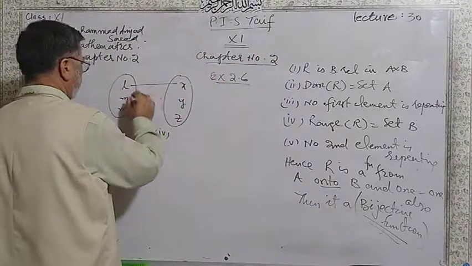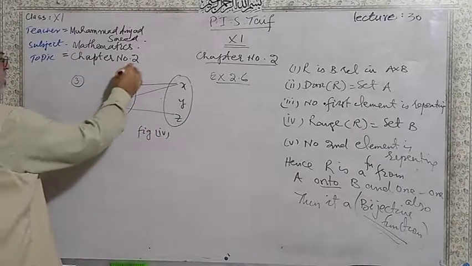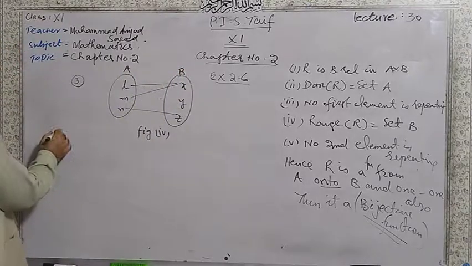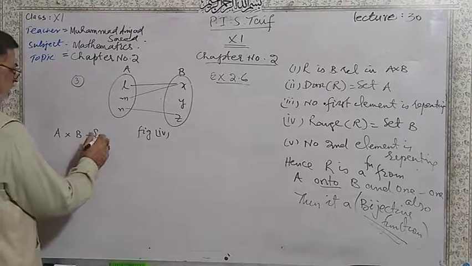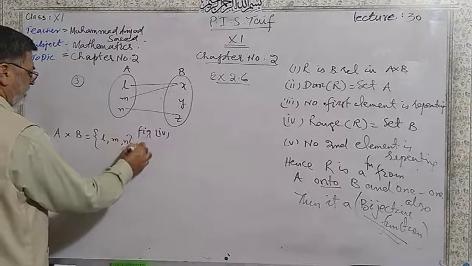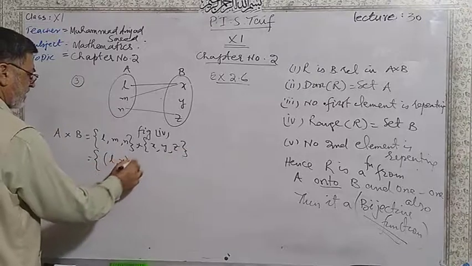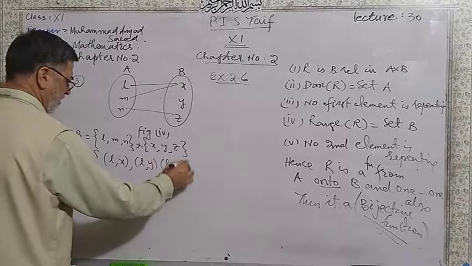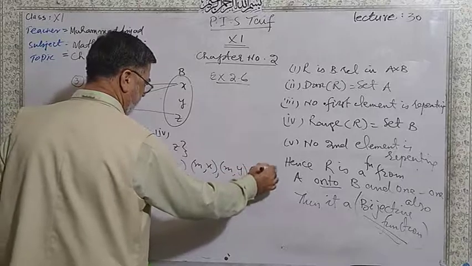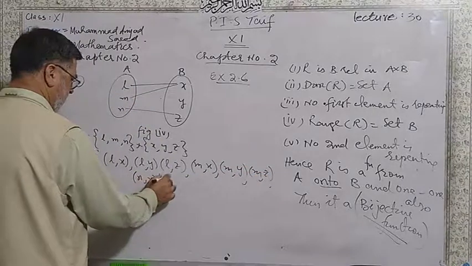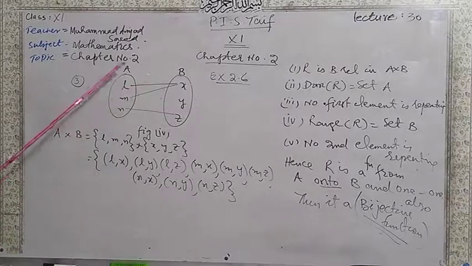Name this as A and this one as B. I told you first of all, you will draw the Cartesian product of A, L M N, and B, X Y Z: LX, LY, LZ, MX, MY and MZ, NX, NY and NZ. Dear students, this is set A, this is set B.